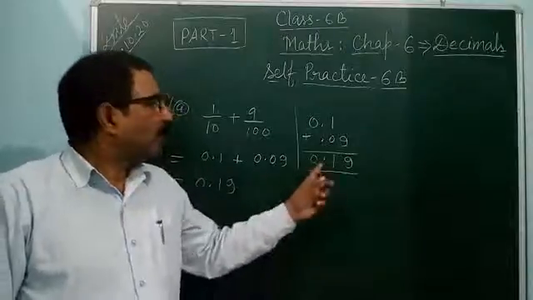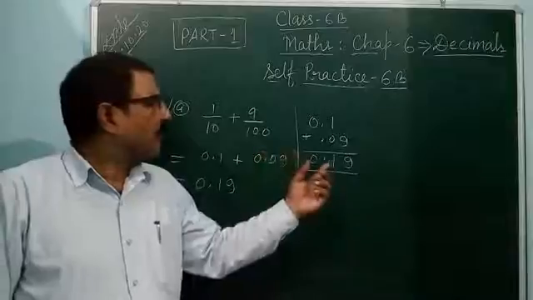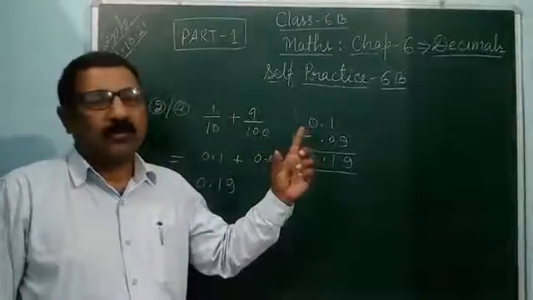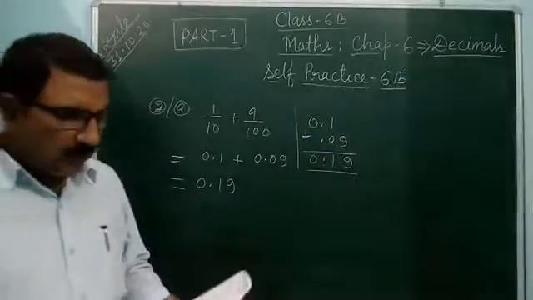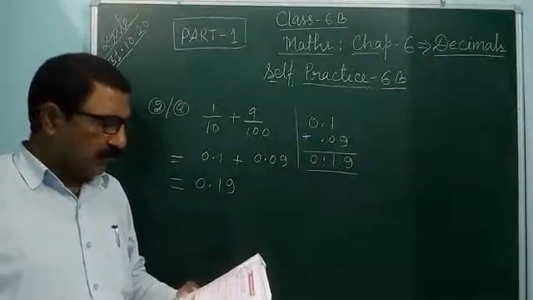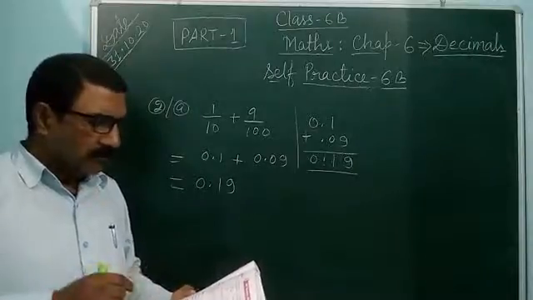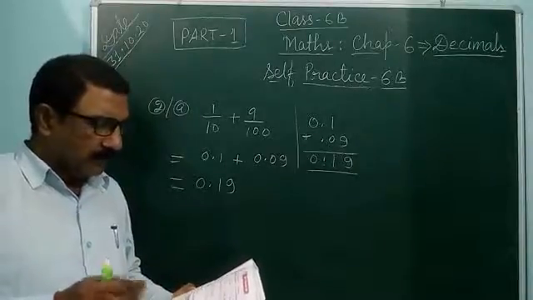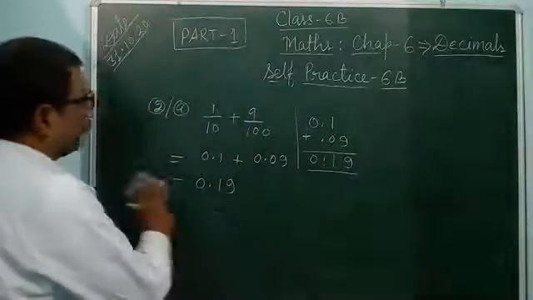Like that, 0.19. After that, you can do B also, C also, D also. So you can do question B yourself. C, you can see question number 2C.